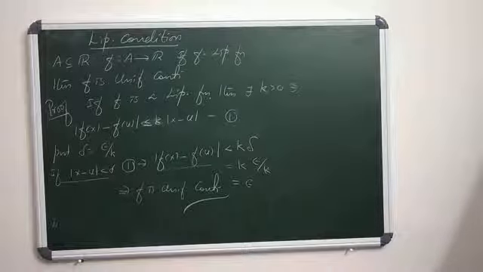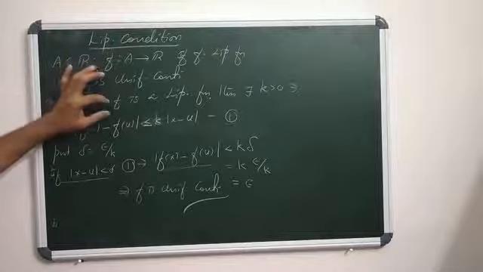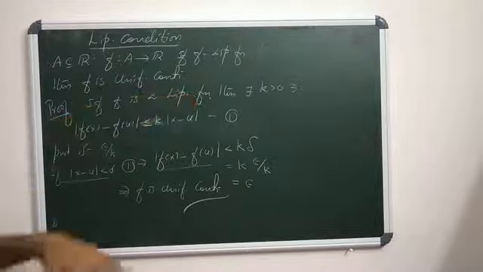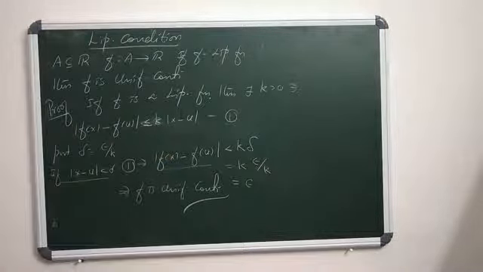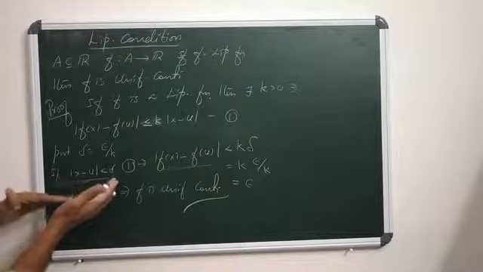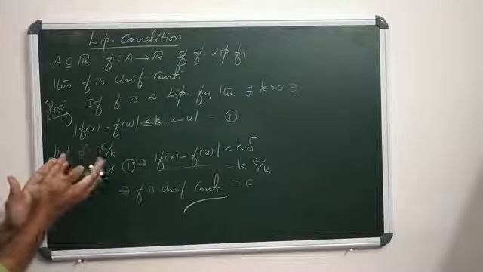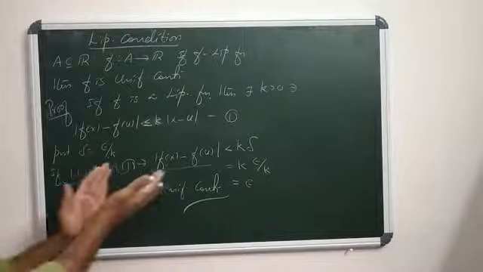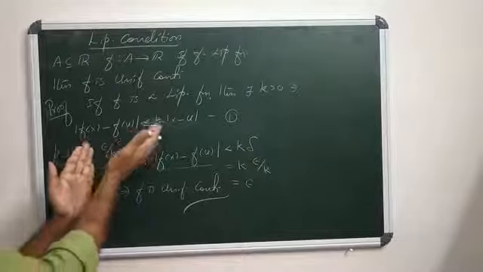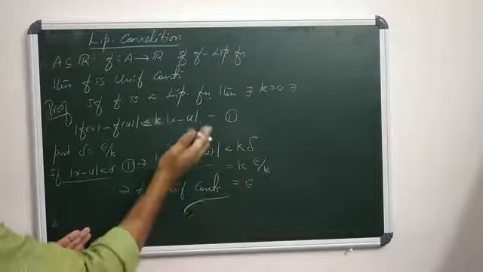If f is a Lipschitz function with Lipschitz constant k, then modulus of f of x minus f of u is less than or equal to k into modulus of x minus u. If modulus of x minus u is less than delta, where delta is epsilon by k, then modulus of f of x minus f of u is strictly less than epsilon.